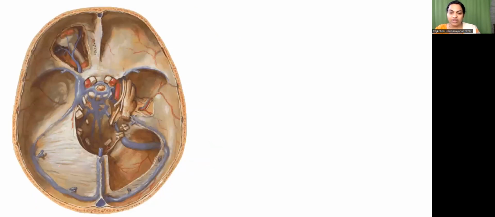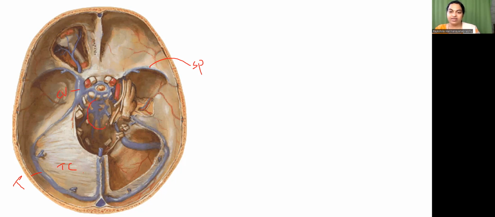So இதுதான் நான் சொன்ன tentorium cerebelli. Okay, so இதோட sides இருக்குது இல்லையா, these are the transverse sinus. Okay, and here over the lesser wing of the sphenoid, that is the sphenoparietal sinus. Okay, and on either side of the body of the sphenoid, this is a very important cavernous sinus.